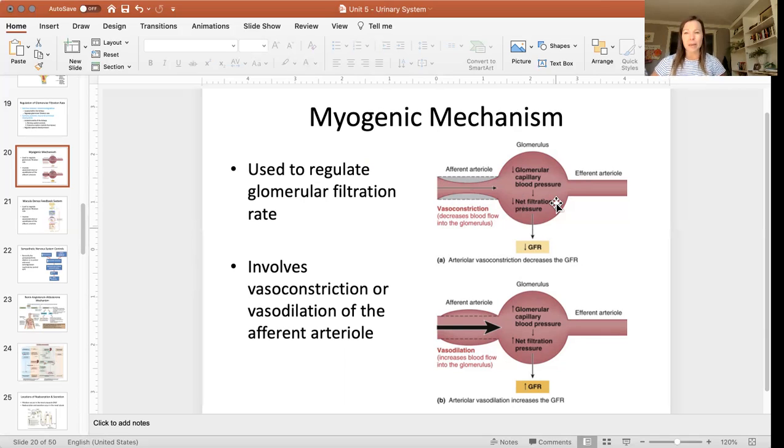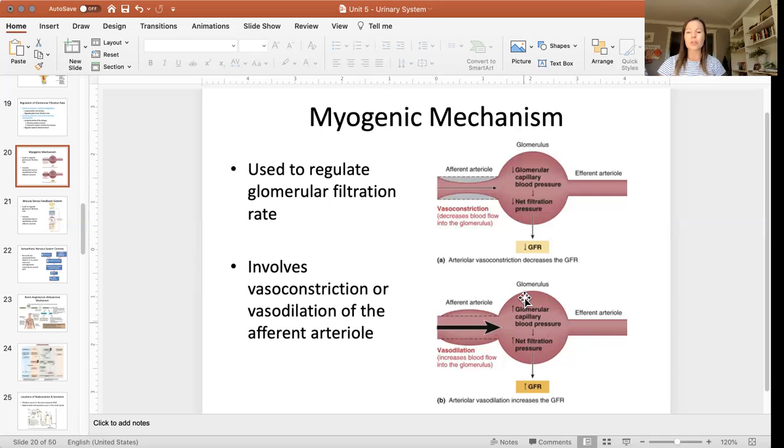So hopefully that makes sense, and then you'll understand that the exact opposite situation will happen if there is a decrease in blood pressure. So if there is a decrease in blood pressure, as blood is passing through the afferent arteriole, then that would lead to a decrease in the filtration rate.